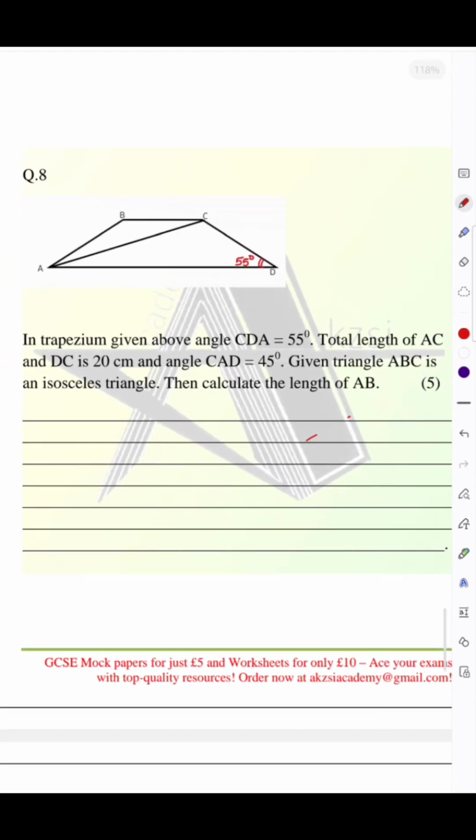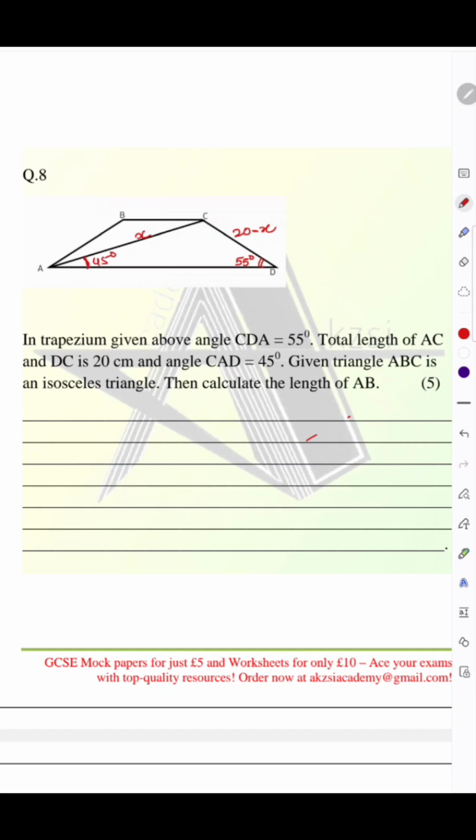So AC and DC together is 20 centimeters. That means, let me say if this be x, CD is going to be 20 minus x clearly. And angle CAD, that means this angle, is clearly 45 degrees, given.